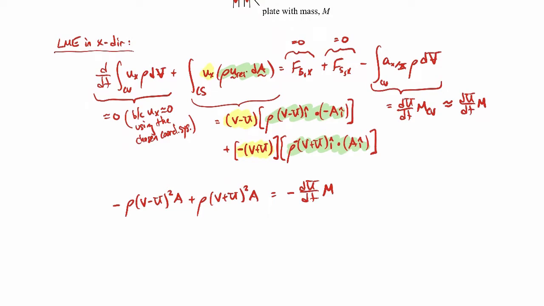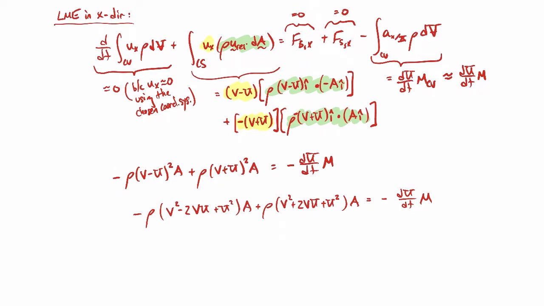Let me expand out the left-hand side. So there we'll have a minus rho times v squared minus 2v times u plus u squared times a, plus rho times v squared plus 2v times u plus u squared times a, is equal to minus du dt times m.